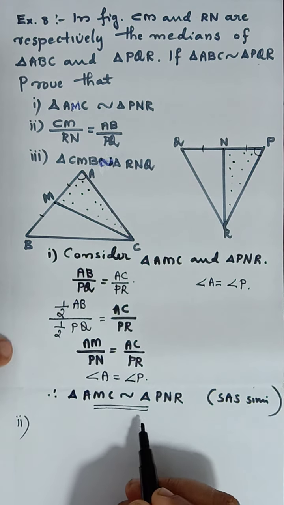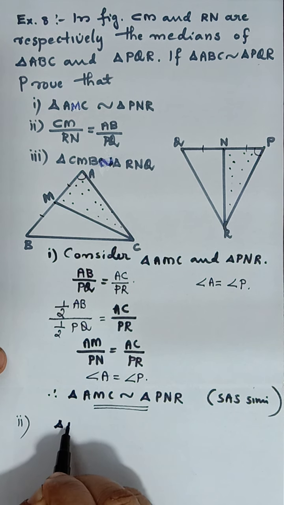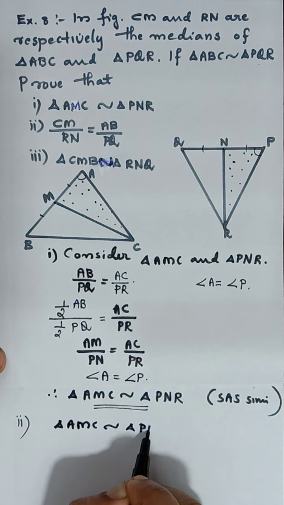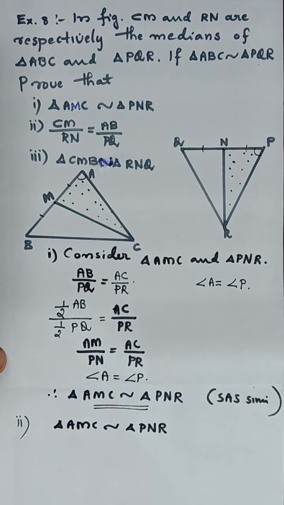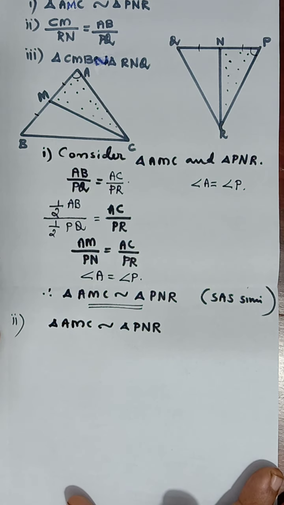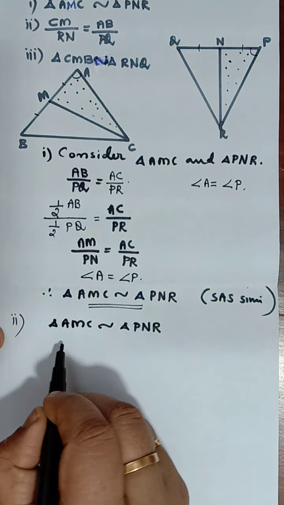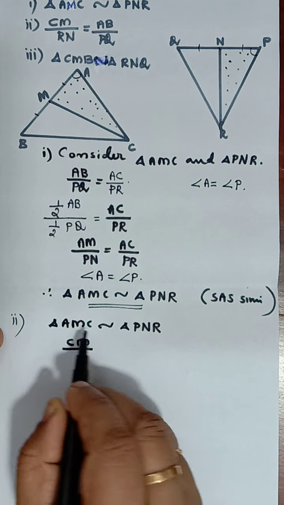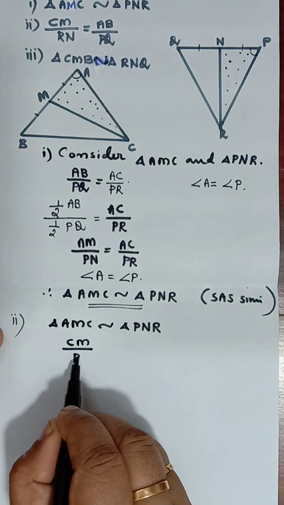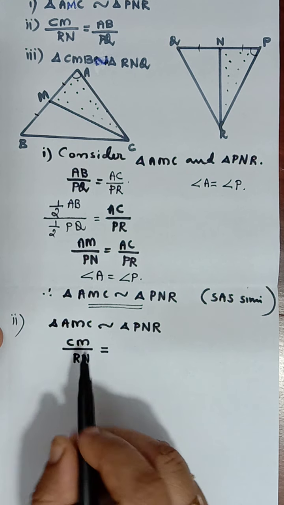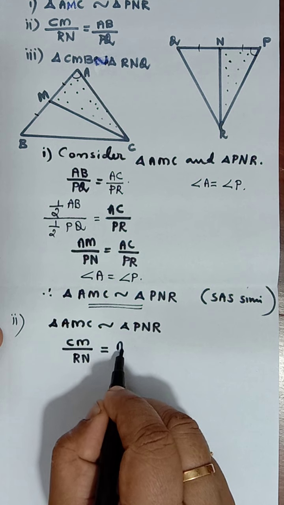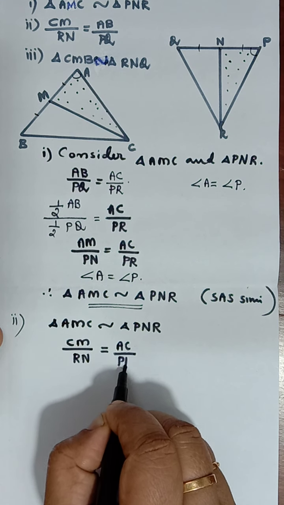Now we have seen in this, we have triangle AMC similar to triangle PNR, already proved above. If it is so, corresponding sides are proportional, we know. That is why we can take it as CM by RN equal to AC by PR.